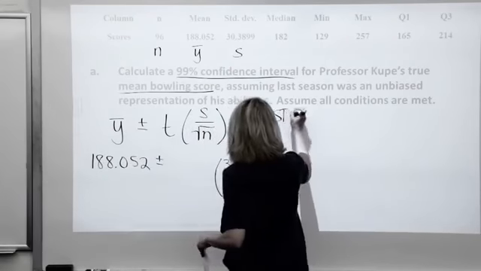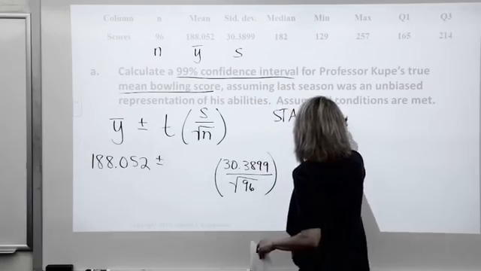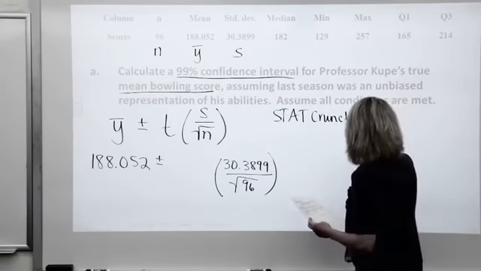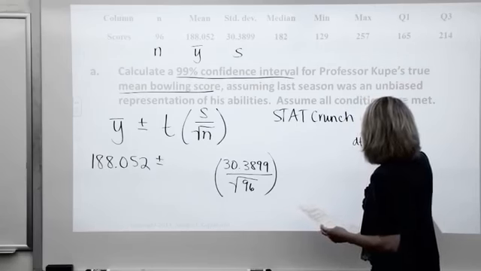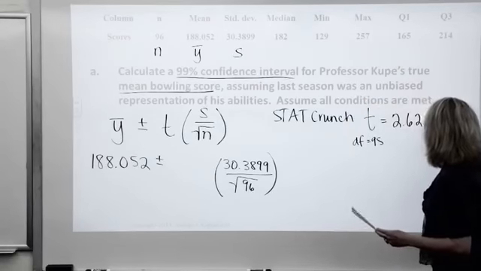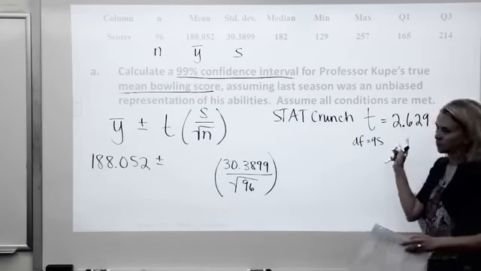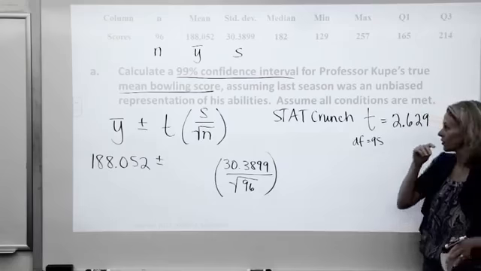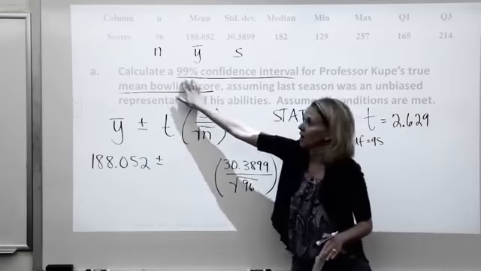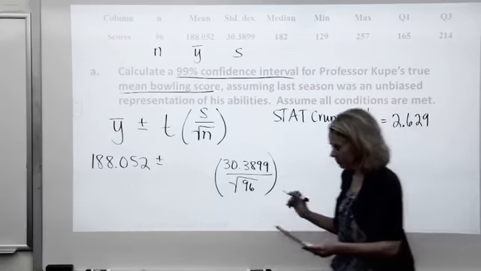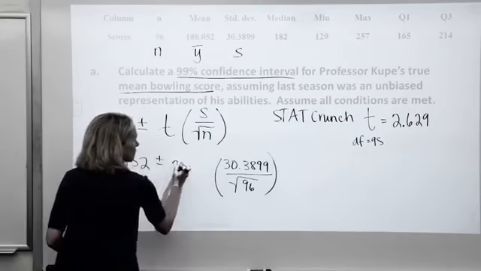So from StatCrunch, that t-score, keeping in mind that the degrees of freedom is 95, you should get 2.629. Pause the video, make sure you can get that. Think about what the area should be under the t-curve if you're computing a 99% confidence interval. All right, so we'll fill that in.